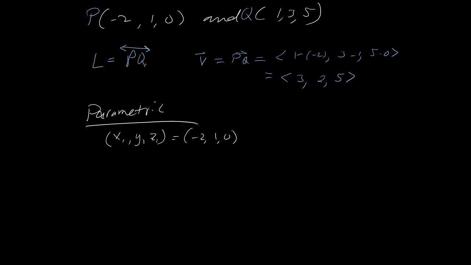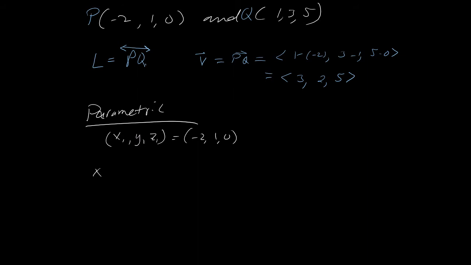Does it matter? Absolutely not. I could use Q for this. I could find a third point by adding vector V to P or Q, or subtract it from P to get another point on the line. But I'm going to go ahead and use this.